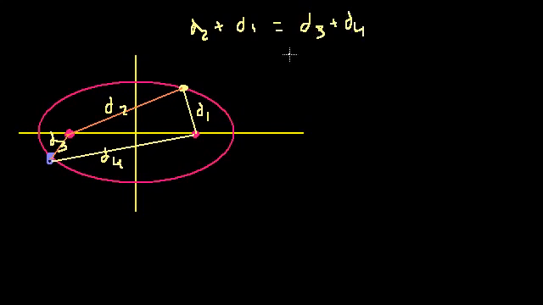And we learned in the last video that this quantity is going to be equal to 2a, where a is the semi-major radius.